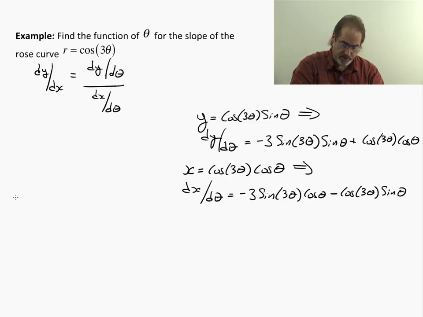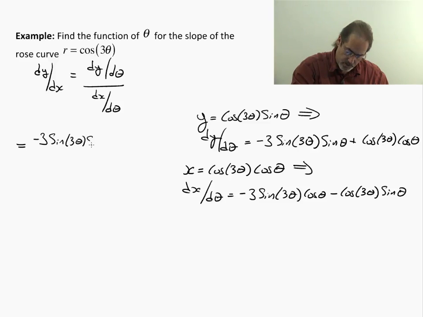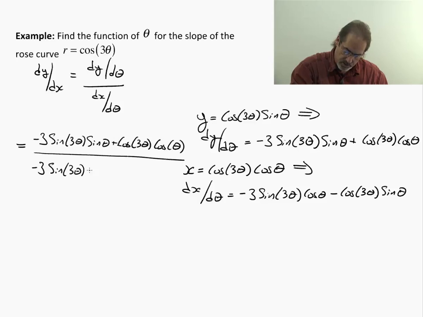So let's put this all together here. What I end up with is dy dx equal to negative 3 sine of 3 theta sine theta plus cosine 3 theta cosine theta, that's my numerator, divided by negative 3 sine 3 theta cosine theta minus cosine 3 theta sine theta.